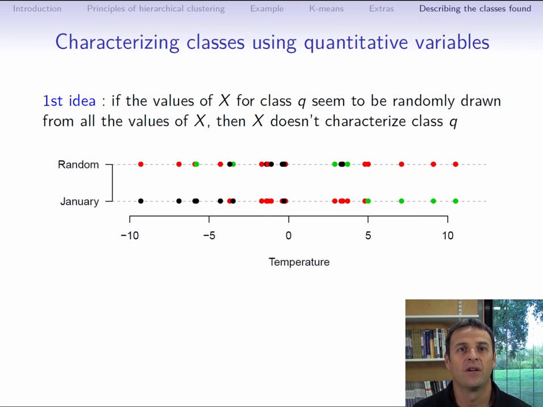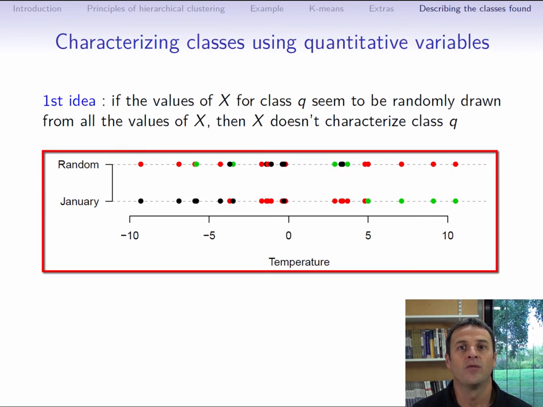Inversely, if the values of x for the individuals of class Q are found in a particular region of the possible values of x, then it's doubtful that they were drawn randomly from across x, and we can state that the variable x in some way describes that class.